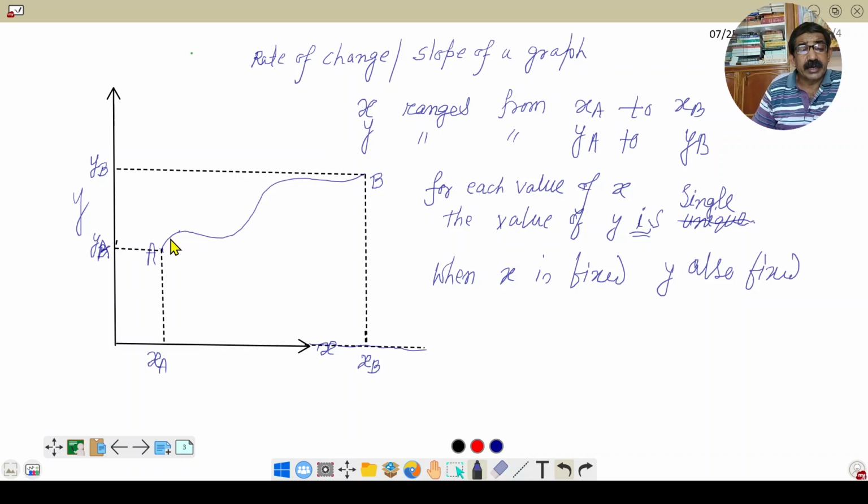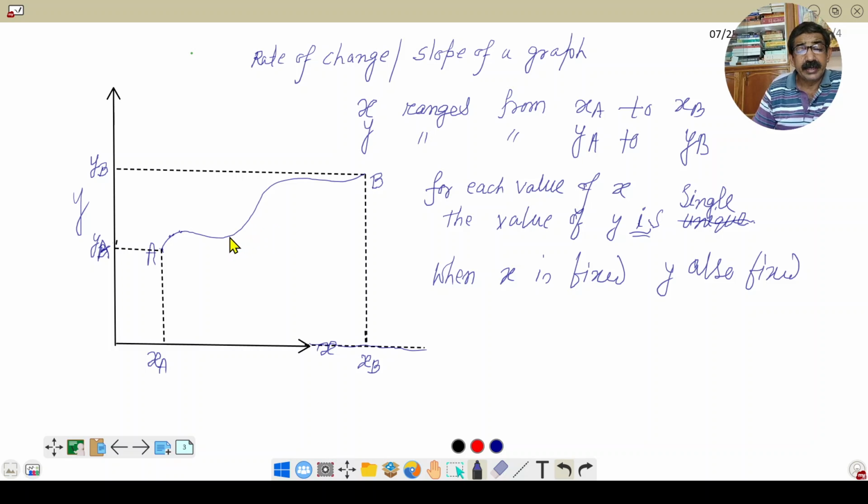So these points are continuous. And x changes in this case. We see here x increases, y increases up to a certain point. Then x increases but y decreases.